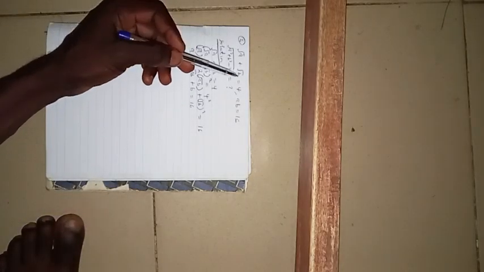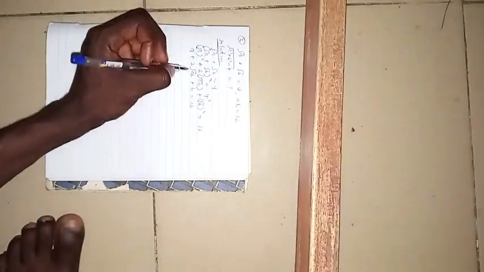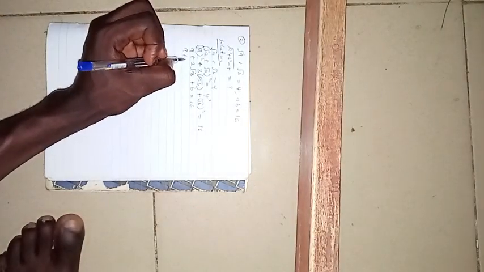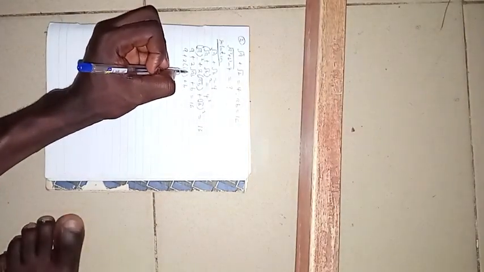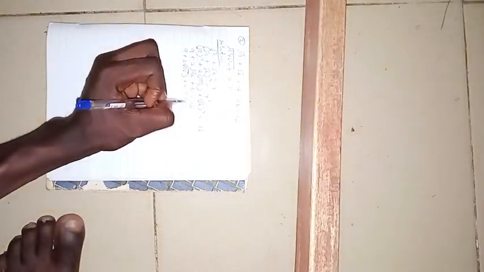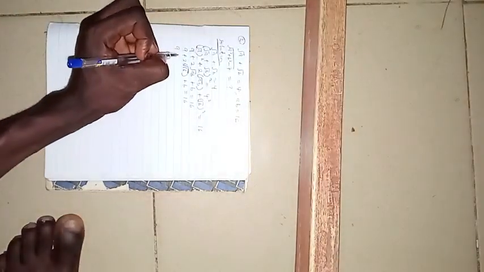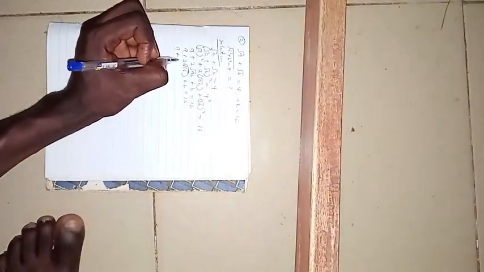But from the question, they said square root of a plus square root of b equals 4 and also ab equals 16. So I would just apply the value of ab here. This will be a plus 2 times the square root of 16, don't forget the square root, plus b equals 16. The square root of 16 is 4, and 4 multiplied by 2 is 8.